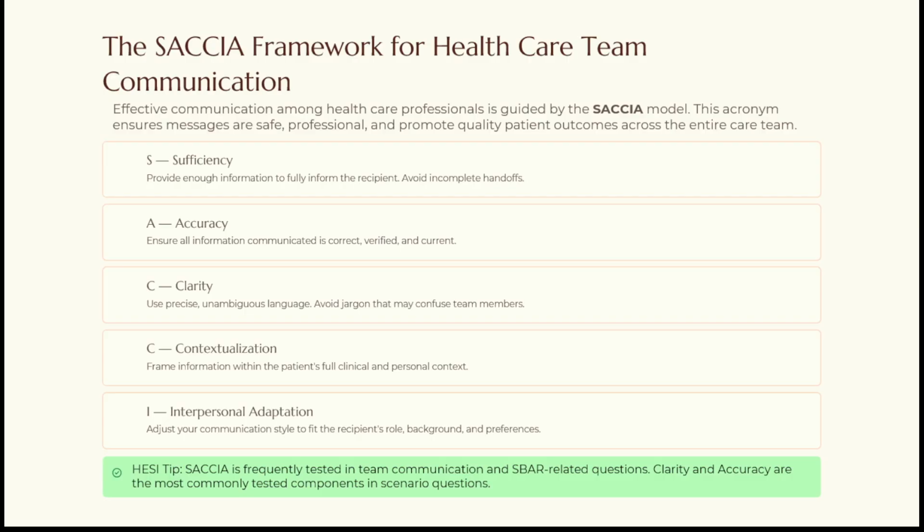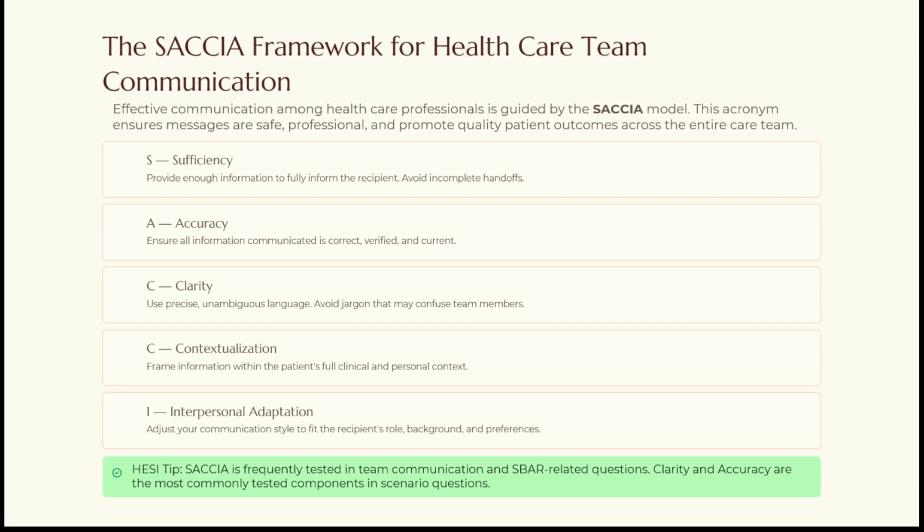Contextualization means placing information into the patient's full clinical picture. This helps providers understand why the information matters. And then interpersonal adaptation means adjusting communication based on the audience. As nurses, we communicate differently with physicians, patients, family members, and coworkers.